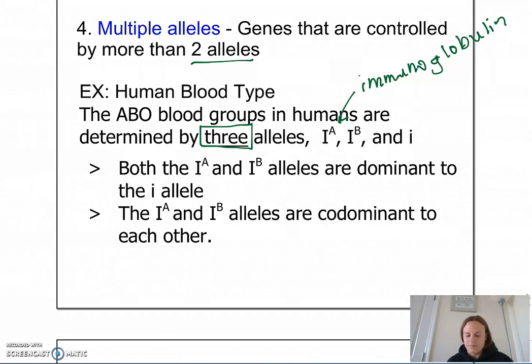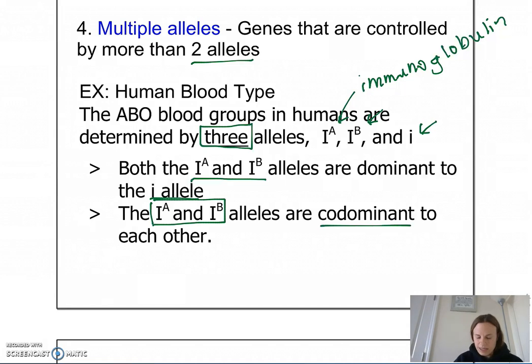You've got type B, and then you've got type O, which is represented by a lowercase i, where the alleles for blood type A and B are dominant to the allele that codes for blood type O, but the type A and B alleles are codominant. That's how you could end up with blood type AB.